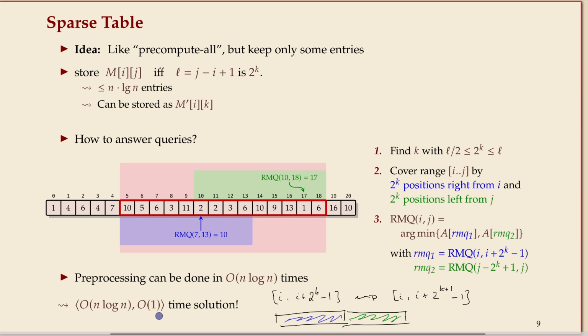It's a different constant. It's slightly slower than before. We can't just look up one entry in an array. Instead, we have to look up 2 entries in an array and do one comparison, but still constant time. Okay, so far so good. That's about as far as you get with simple tricks like this.